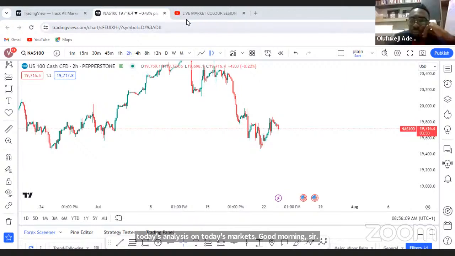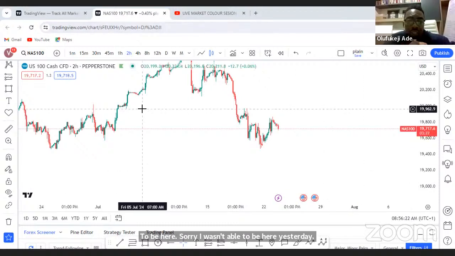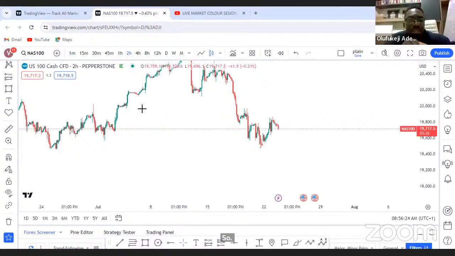Good morning, Demola. Good morning, everyone. Good to be here. Sorry, I wasn't able to be here yesterday. Great analysis so far. Generally, we have seen in the US equities markets, as we prepare for the election, with the drama that has been going on, the assassination attempts on Donald Trump, the stepping down of Joe Biden, all of this has given a level of uncertainty in the markets.